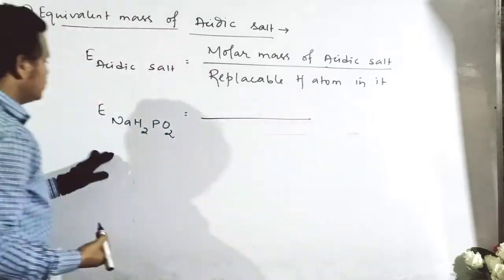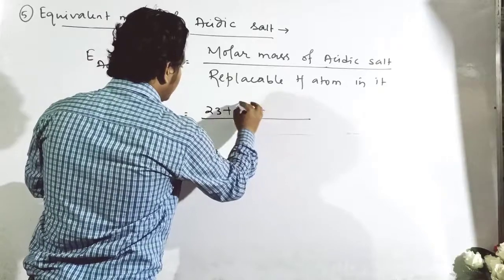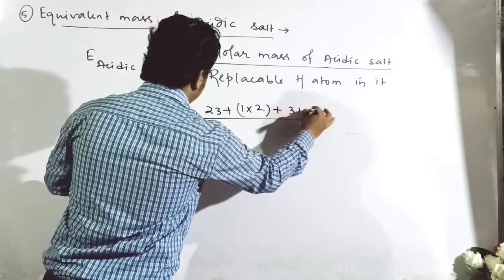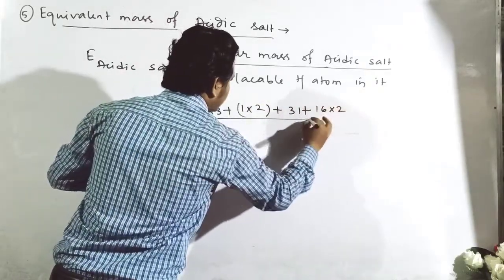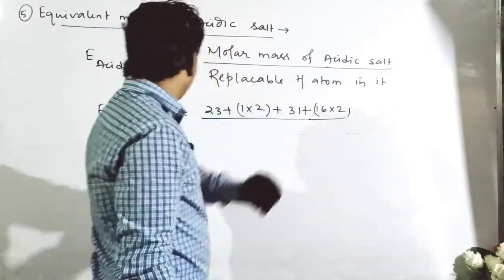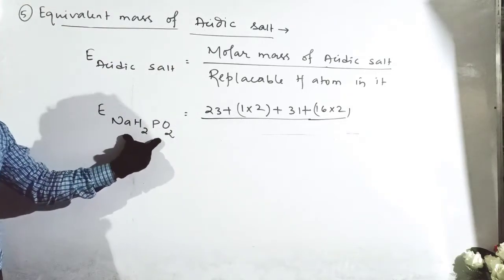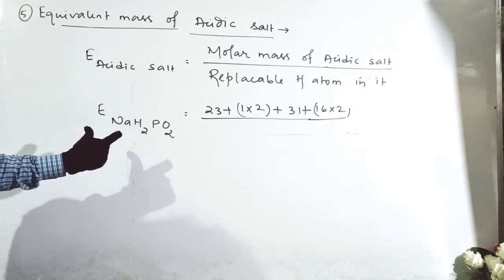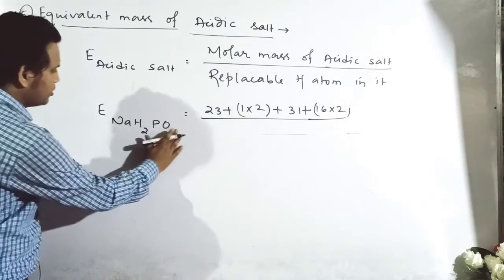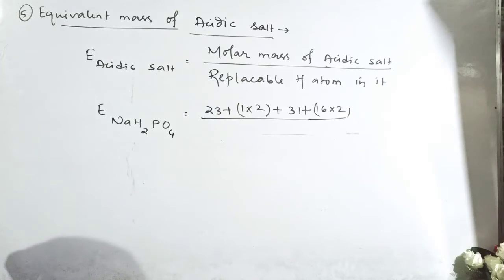Now, molar mass: sodium 23, hydrogen 1 into 2, plus phosphorus 31, oxygen 16 into 4. Now, how many replaceable hydrogen atoms are there in this compound?